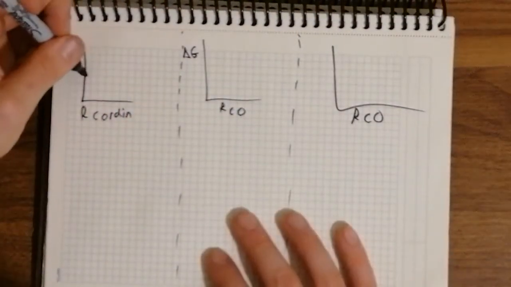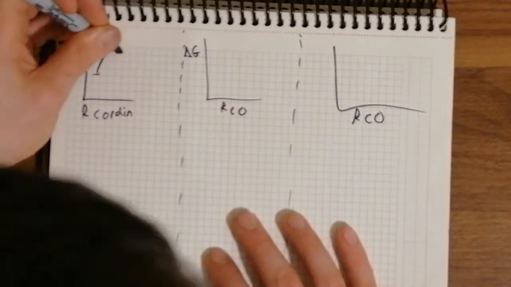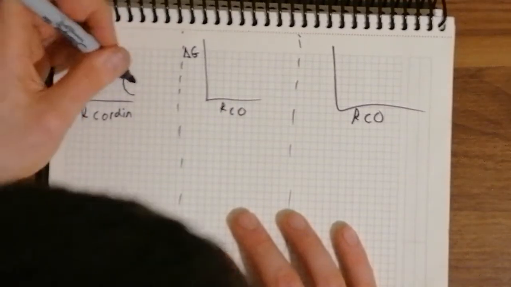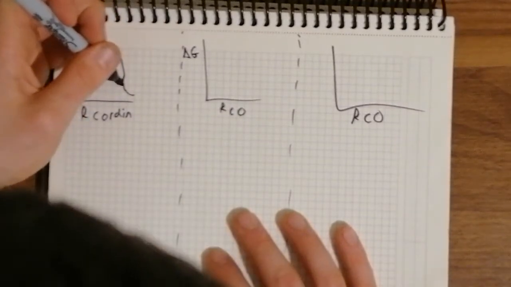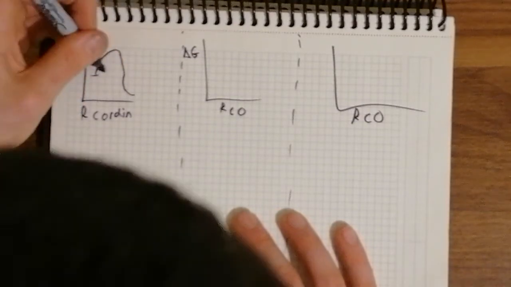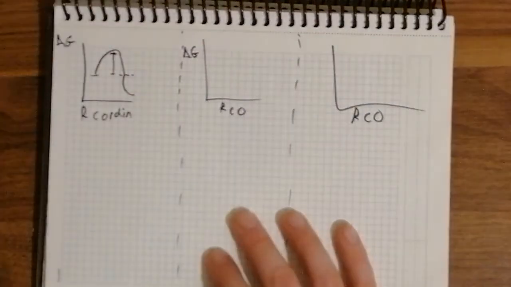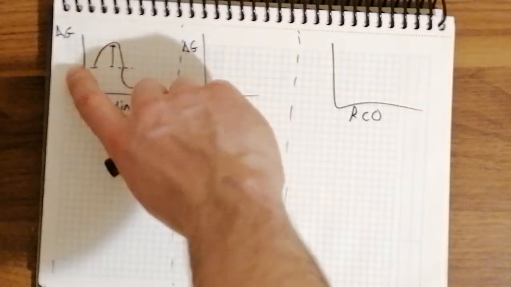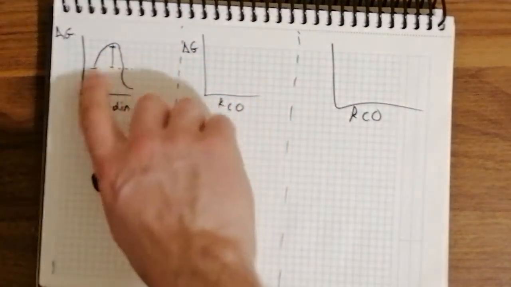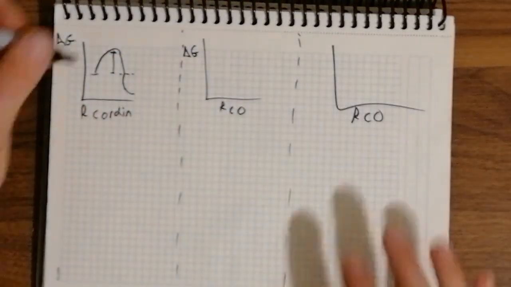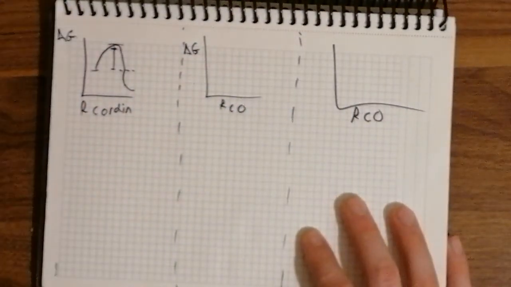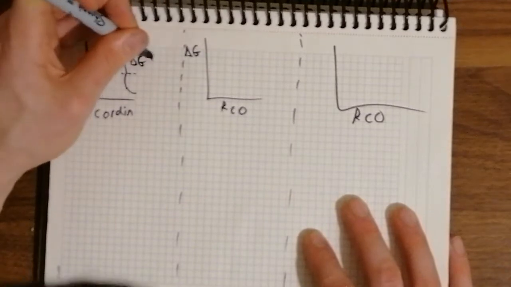If we have no enzyme, then it's going to be a standard reaction profile. So this point here is the minimum. No, this is the maximum here. And this energy is the transition state.